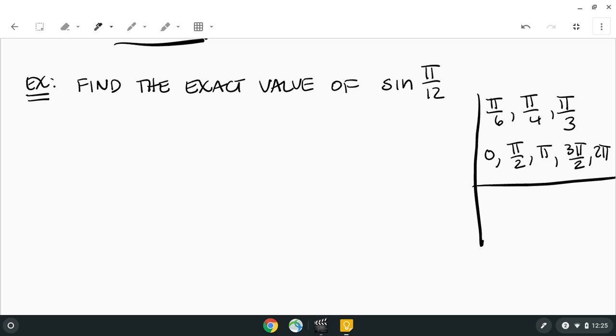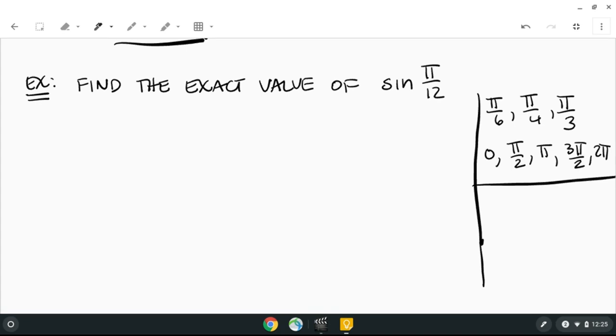So rewriting that entire set that I just wrote with 12 as a common denominator: 2 pi over 12, 3 pi over 12, 4 pi over 12.